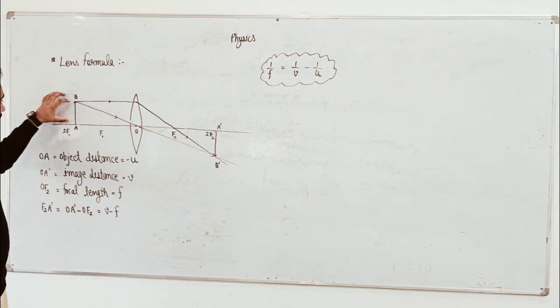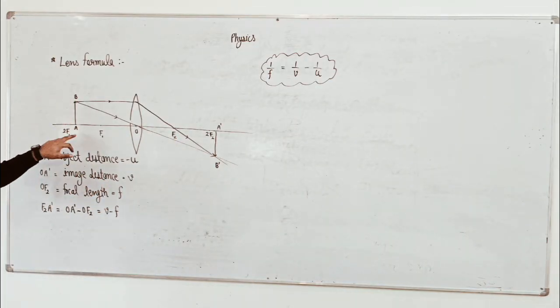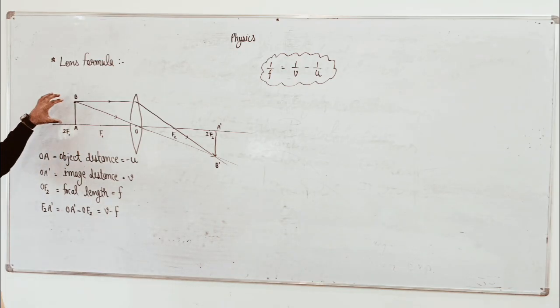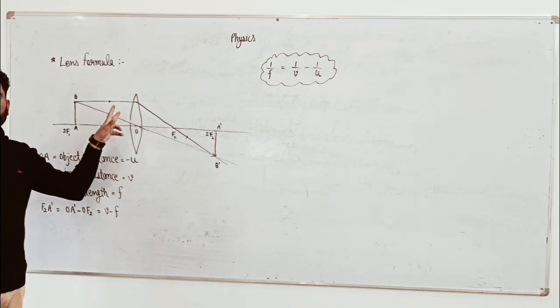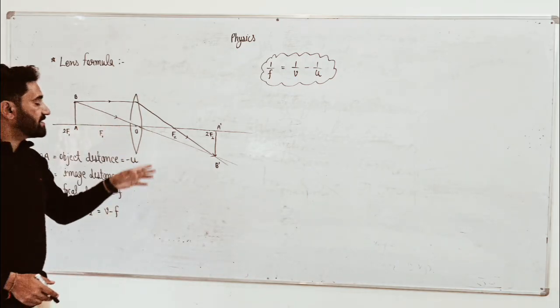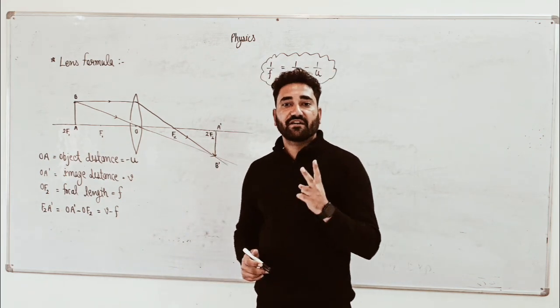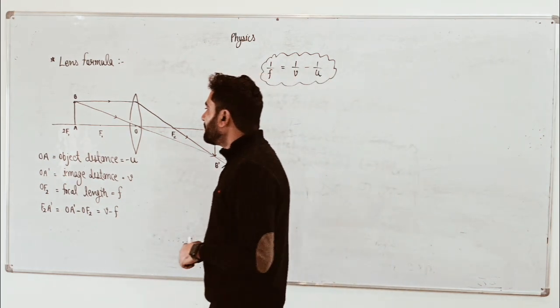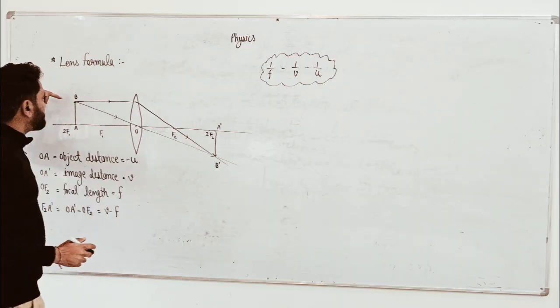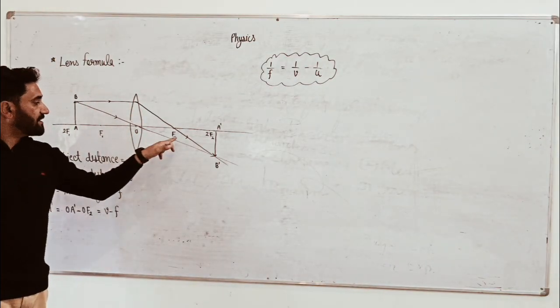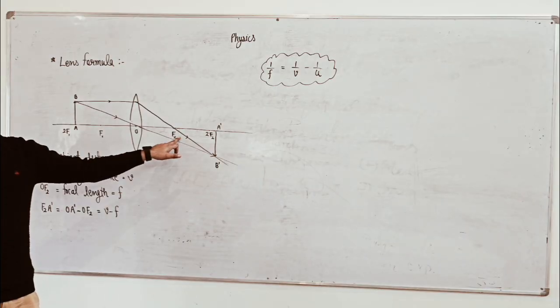First of all, we place an object AB between its focus point and 2f, between f and 2f, and we have drawn here two rays. We know that to form an image, we need at least two rays. Our first ray is parallel to the principal axis, and after refraction from this lens, it passes through the focus point.